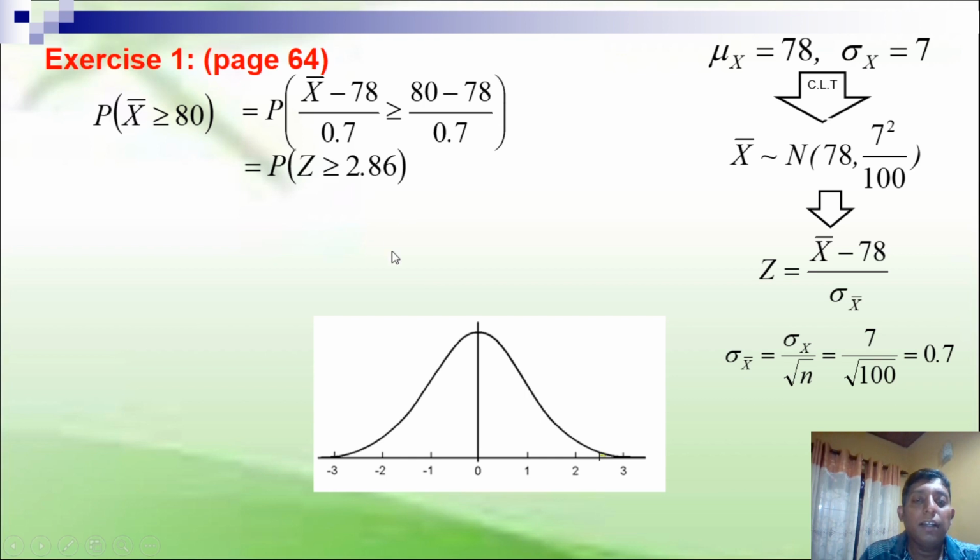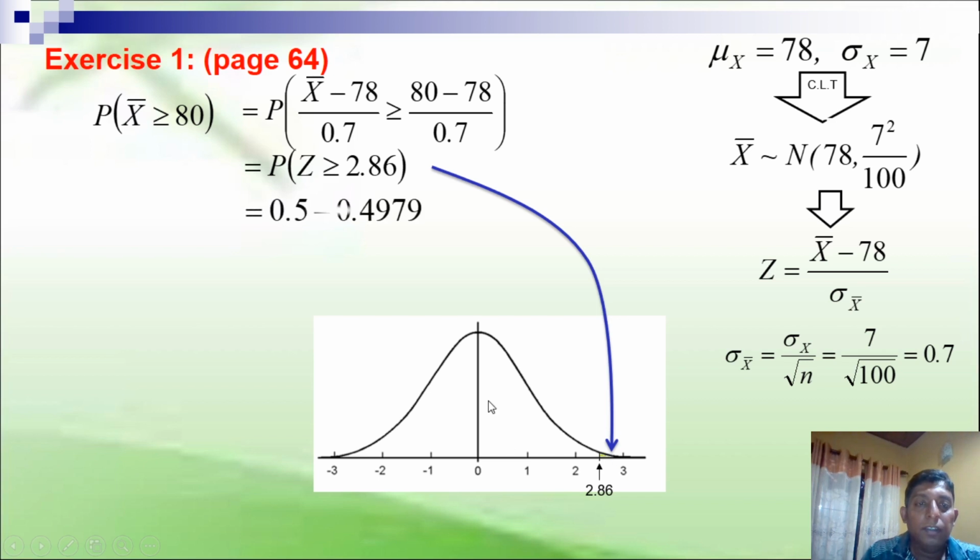Then as we did earlier, just draw or mark this required area on the standard normal curve, 2.86 somewhere here. Then we need to find this shaded area. Then just read the 2.86 value from the standard normal table.